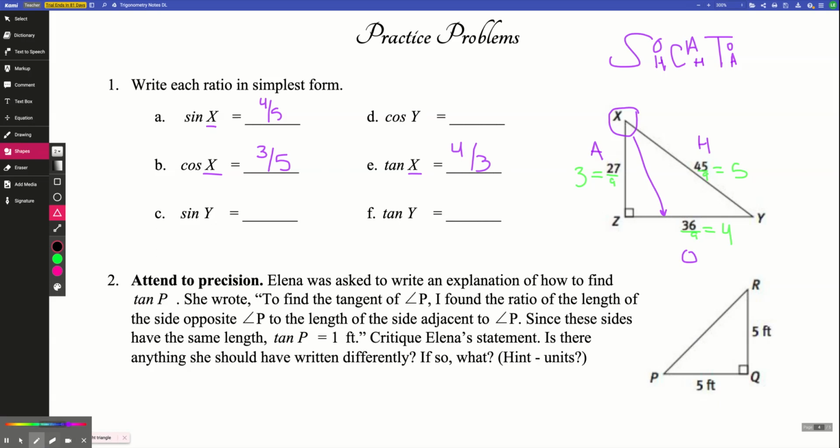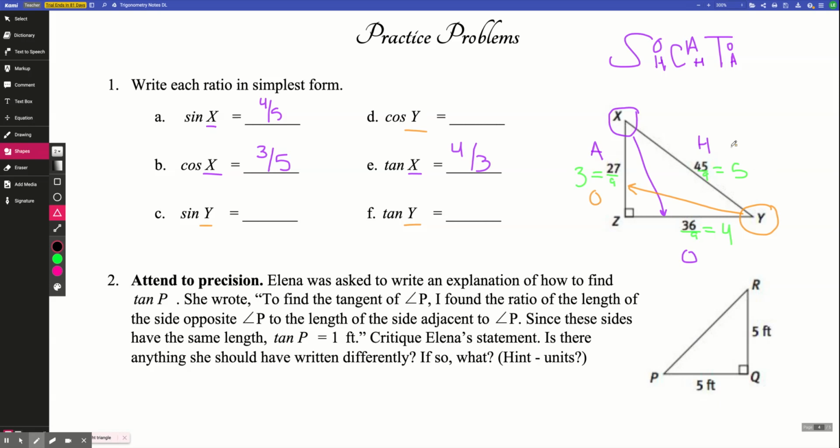All right, then I'm going to switch my colors here in order to do the other angle. So for y, I'm going to do my labeling here in orange. If y is the angle I care about, now this side becomes the opposite side.